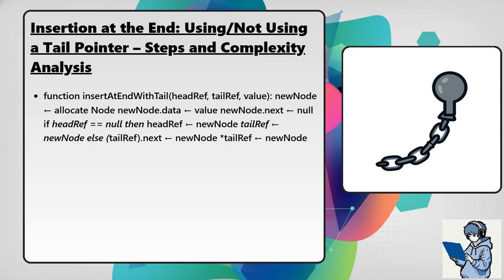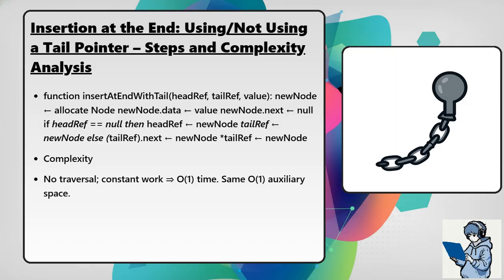Set newNode next to null. If dereferenced headRef equals null, then set dereferenced headRef to newNode and set dereferenced tailRef to newNode. Otherwise, set dereferenced tailRef next equals newNode and set dereferenced tailRef to newNode. Complexity: no traversal, constant work, which is O(1) time. Same O(1) auxiliary space.